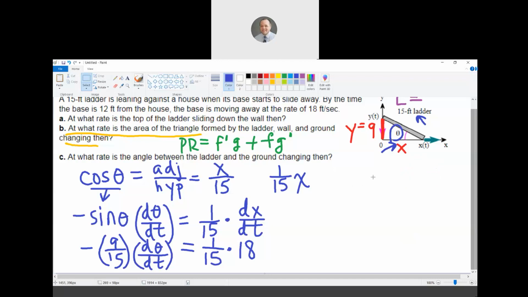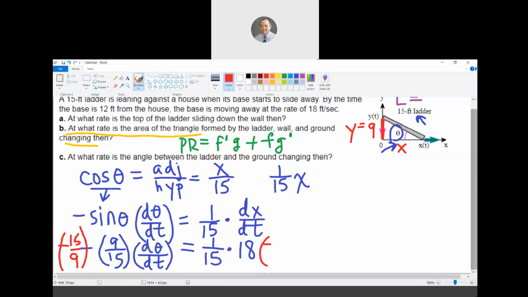Okay. All that's left to do now is just a little flipping and simplifying. So to get d theta dt by itself, let's multiply both sides by the reciprocal of negative 9 over 15.